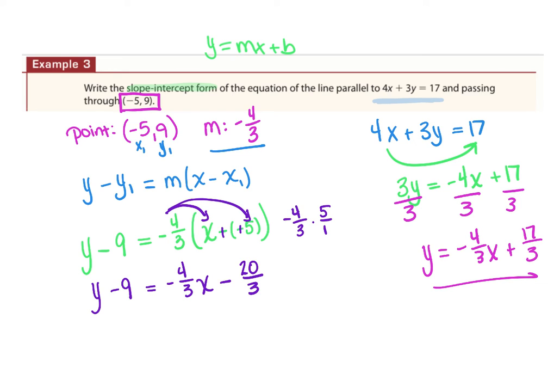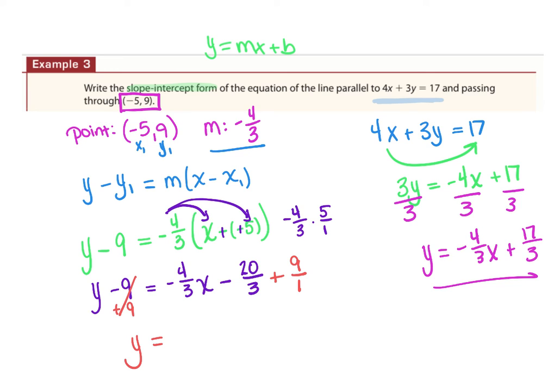My last step is to get y by itself. I need to add the 9 over. So if I add that 9 over, it cancels out there, and I get y equals, I have to add it over here. Remember, it's 9 over 1. If I'm adding fractions, what do I have to have? Common denominator. What is my denominator between 20/3 and 9 over 1?